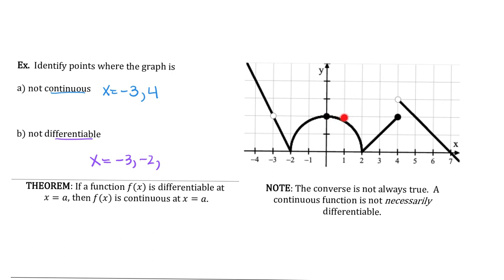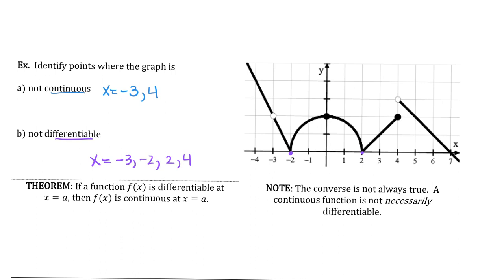What about here? Now this is fine. The derivative here is 0 because the tangent line has a slope of 0. So this is differentiable. I can tell you it's 0. At x equals 2, there's another cusp. At x equals 4, there's a discontinuity. And then from there, it continues with a constant slope, or a constant derivative.